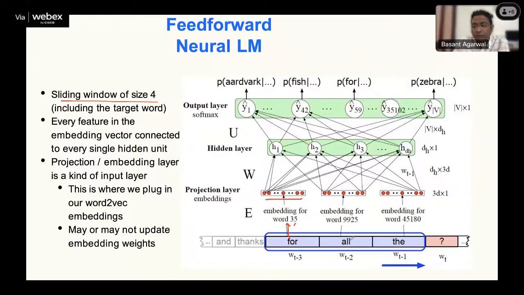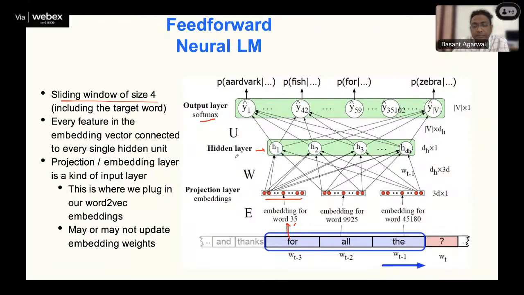Similarly for all and the, so the input layer has embeddings of all the words we want to take in the context. Then we have a hidden layer, and then an output layer. Because this is a multi-class problem, we have softmax at the output layer, and each output node tries to predict the next word based on these three words. This is the way we can use a feed-forward neural network for language modeling.